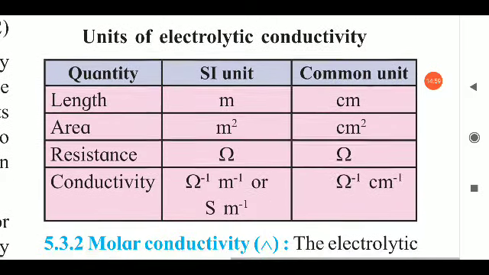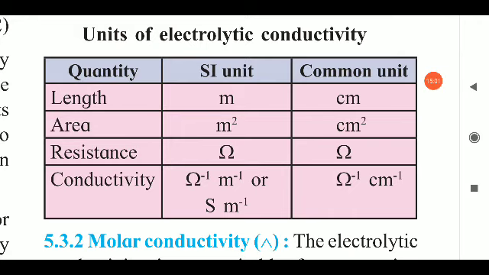Also, now students, the units are very important. So now we are going to calculate the units of electrolytic conductivity. Length we measure in the SI unit of meter, and the common unit is centimeter.